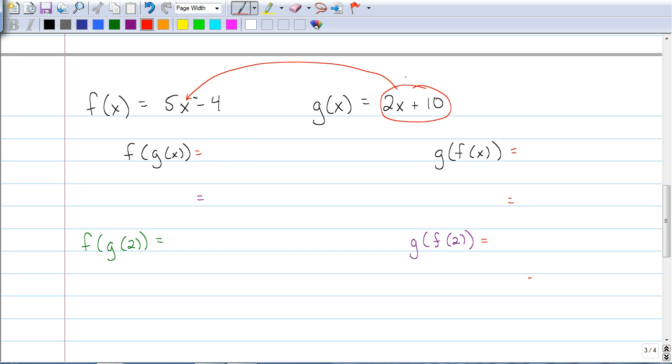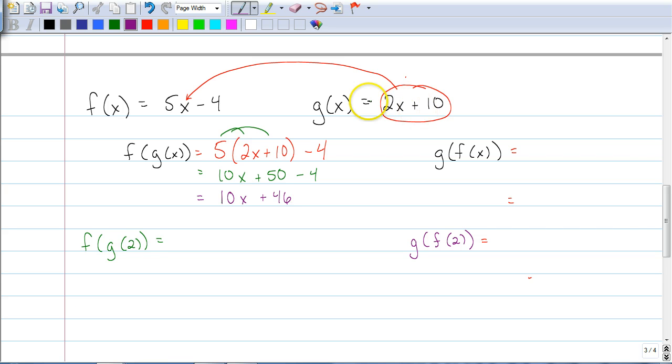So instead of 5 times x minus 4, it's going to be 5 times the other function, 2x plus 10, minus 4. So I'm going to start by distributing the 5 through. That gives me 10x plus 50 minus 4. 50 minus 4 is 46, so that gives me my answer of 10x plus 46.